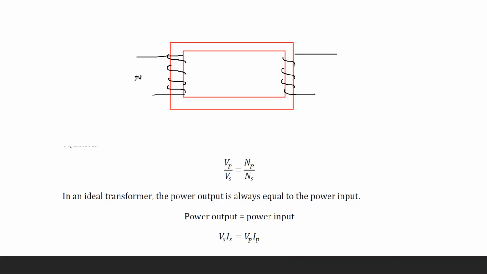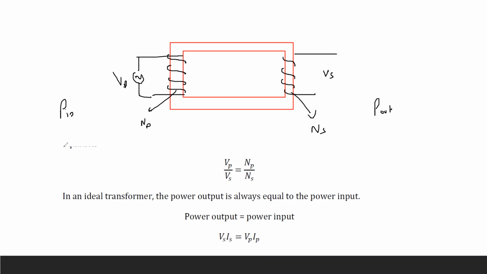The number of turns the primary has is called NP. The voltage which we apply as input is VP, the voltage which is produced is VS, and the number of turns of the secondary is called NS. So the formula: VS over VP equals NS over NP, or VP over VS equals NP over NS.